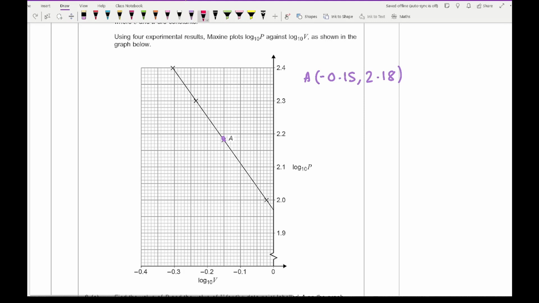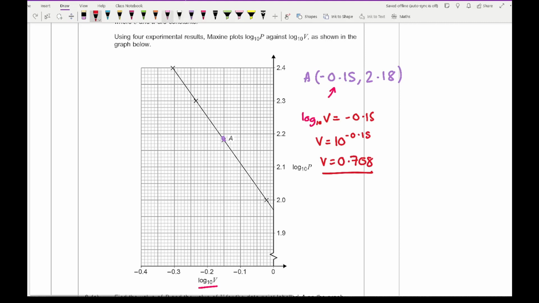So using this, from our x ordinate, which uses log 10 V, log 10 V equals minus 0.15. So then rearranging, we get V equals 10 to the power of minus 0.15, and if I type that into my calculator, I get a V value of 0.708 to 3 sig fig.